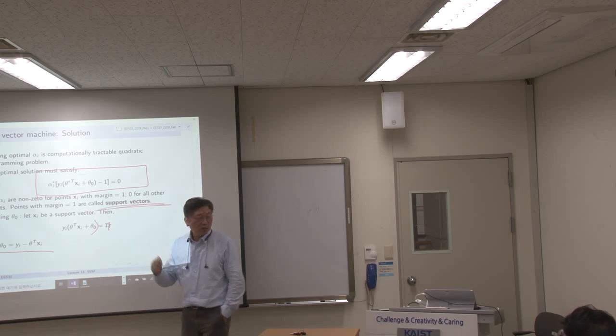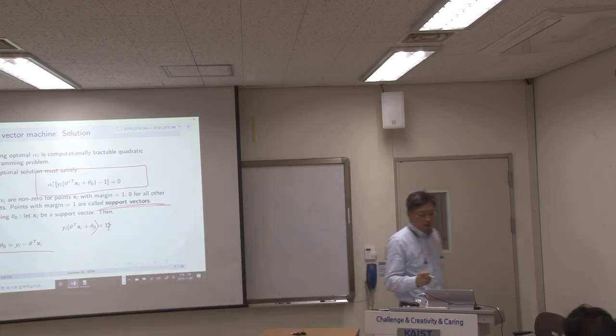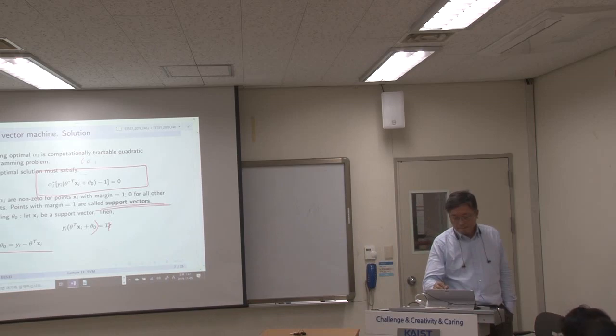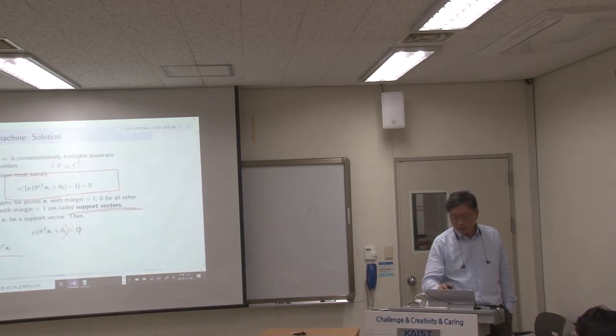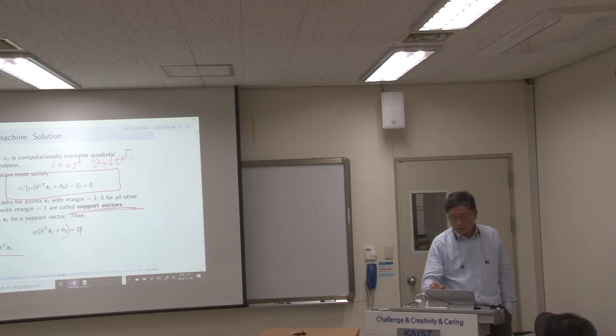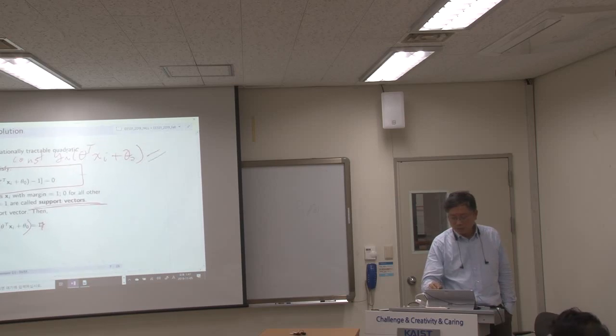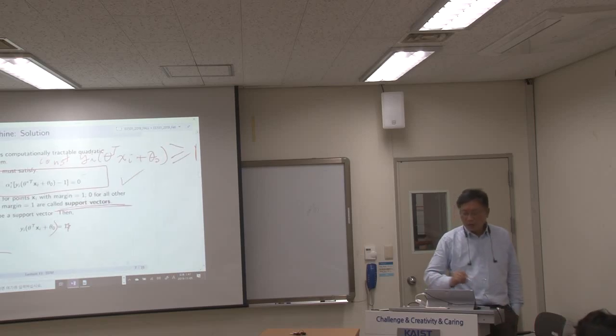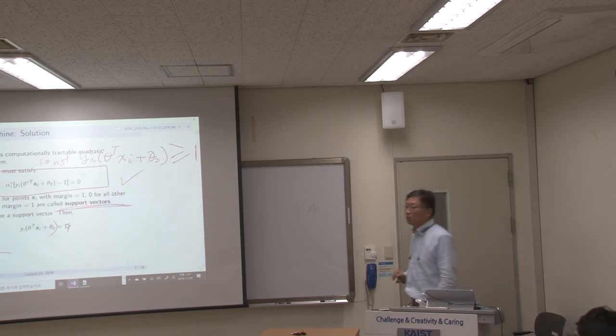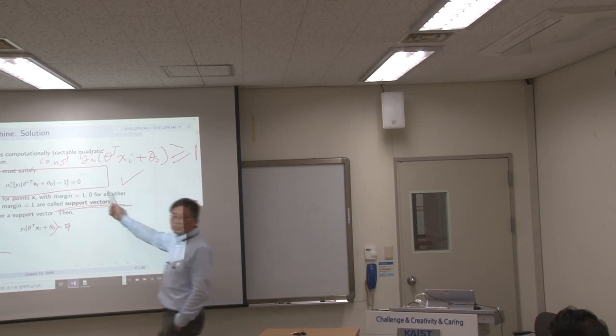All the constraints. What was the constraint? yi times theta xi plus theta naught has to be greater than or equal to 1. That condition.